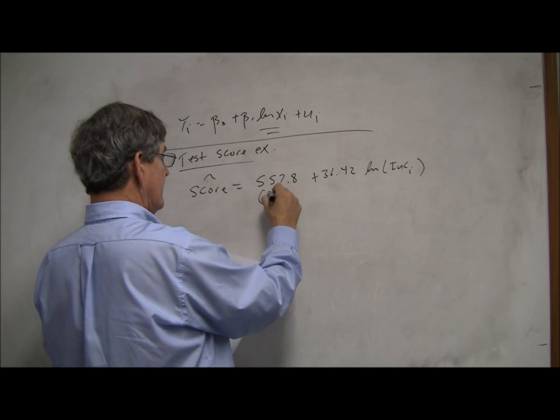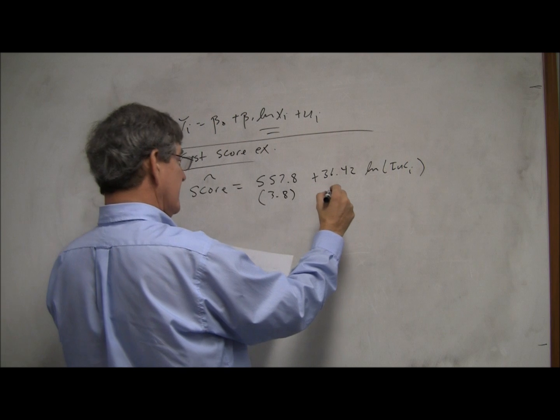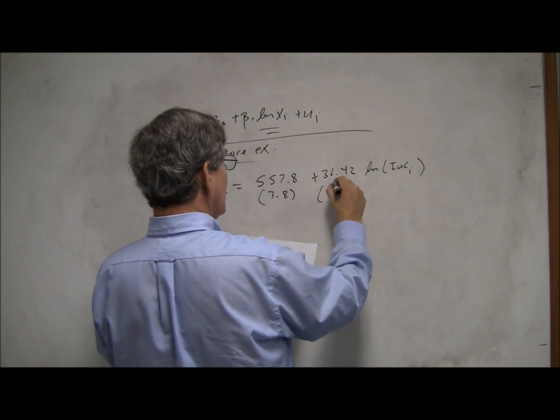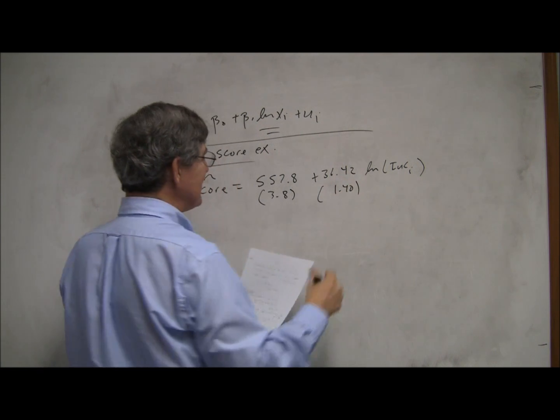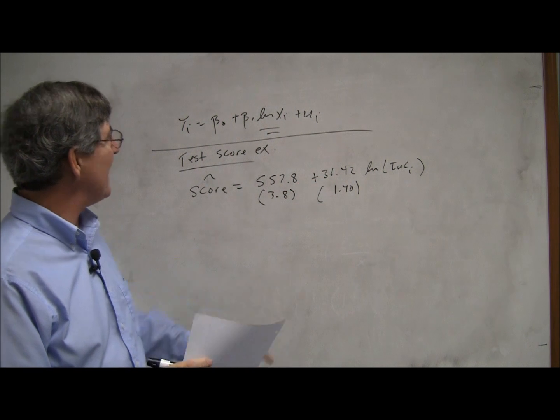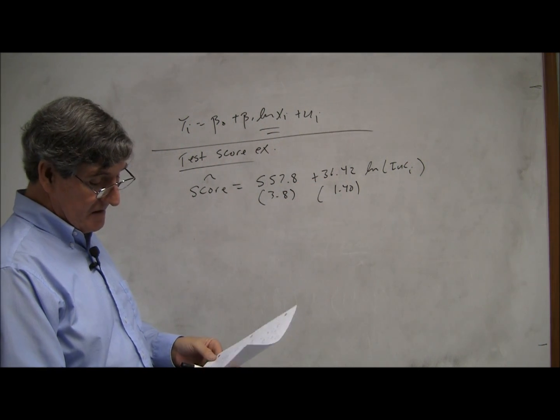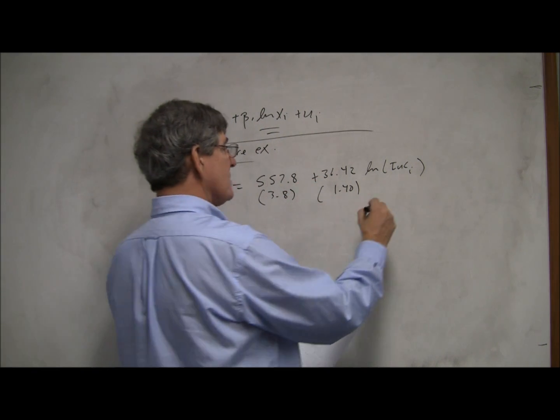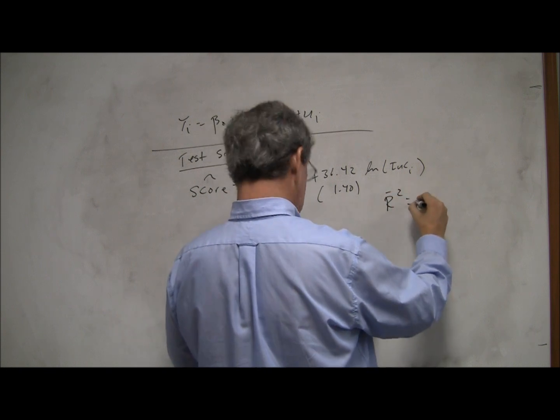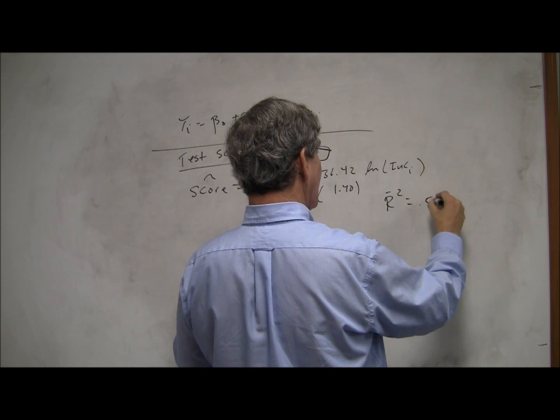And 3.8 is the standard error there, hugely significant constant. 1.40, that's going to be greater. If I divide that by that, that's greater than 2, so that's hugely significant. And R bar squared here is 0.561.